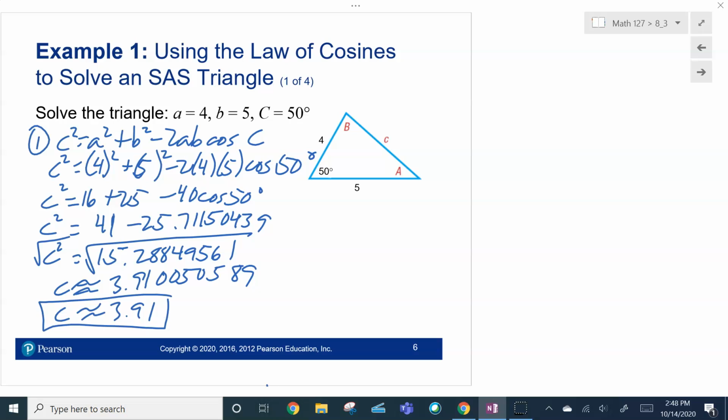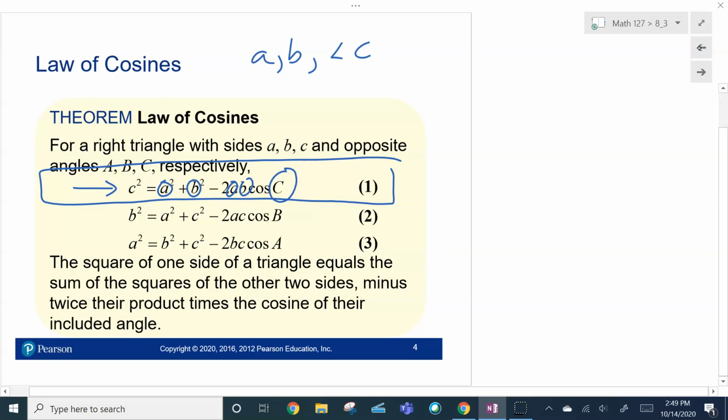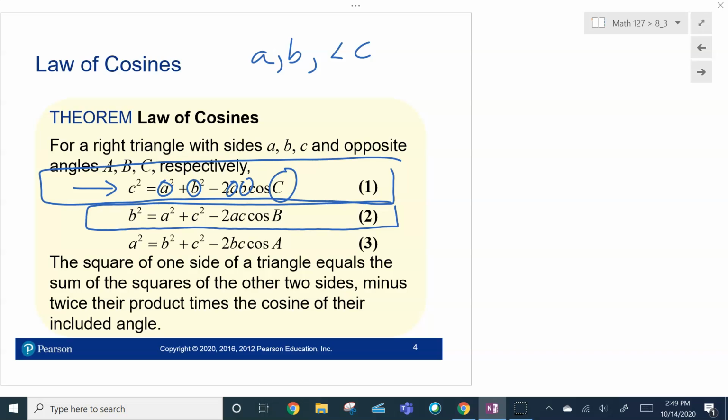Now what I want to do is, so this is 3.91. Now, what's the largest angle? Well, the largest side is 5, so I'm going to go ahead and solve for angle B here. So I'm going to use the one of the 3 that has a capital B in it. So now I'm going to use the second one, b squared equals a squared plus c squared minus 2ac cosine B. And by the way, you may have noticed this already in the patterns.